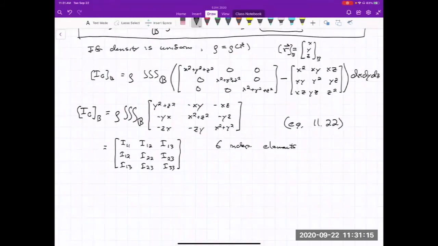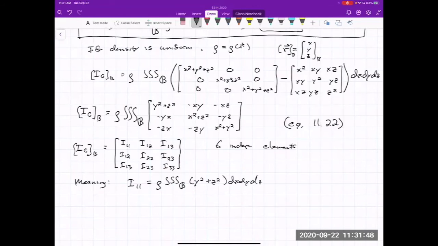What do these different parts of the 3x3 matrix mean? So here's some interpretation. I11, what is this? Density, and then this triple integral of y squared plus z squared dx, dy, dz.